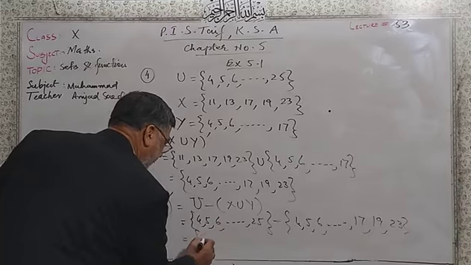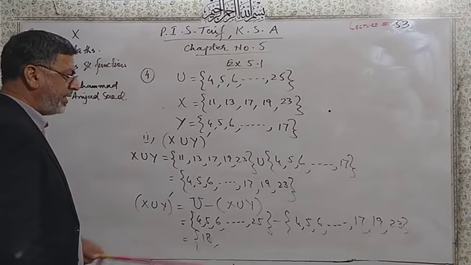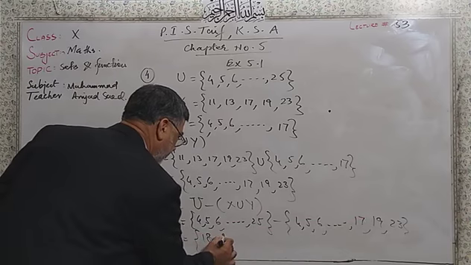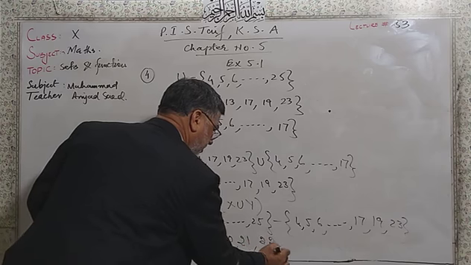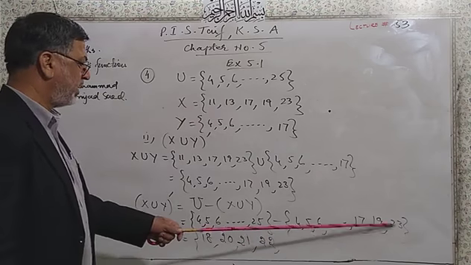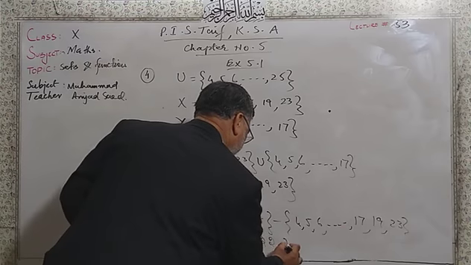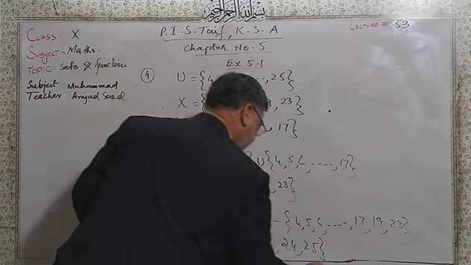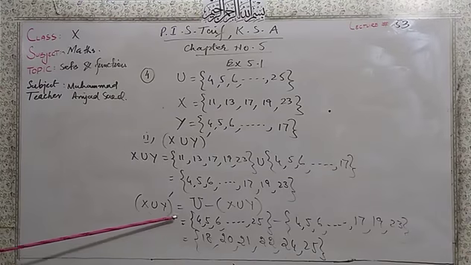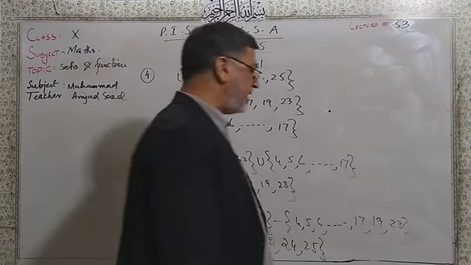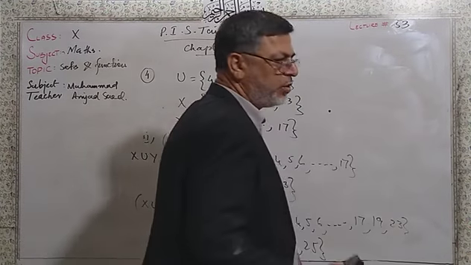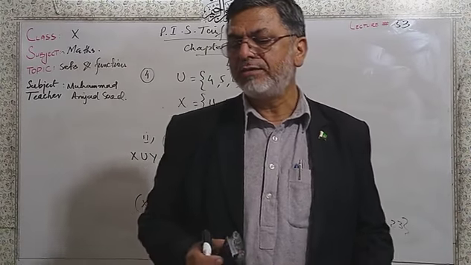What is left? 18. 19 is there, so it is cancelled. 20, 21, 22, 23 is there, so it is cancelled. 24 and 25. Dear students, this is your part number 1. And in case of part number 2, you will get the same answer, because these parts are the two sides of De Morgan's law.